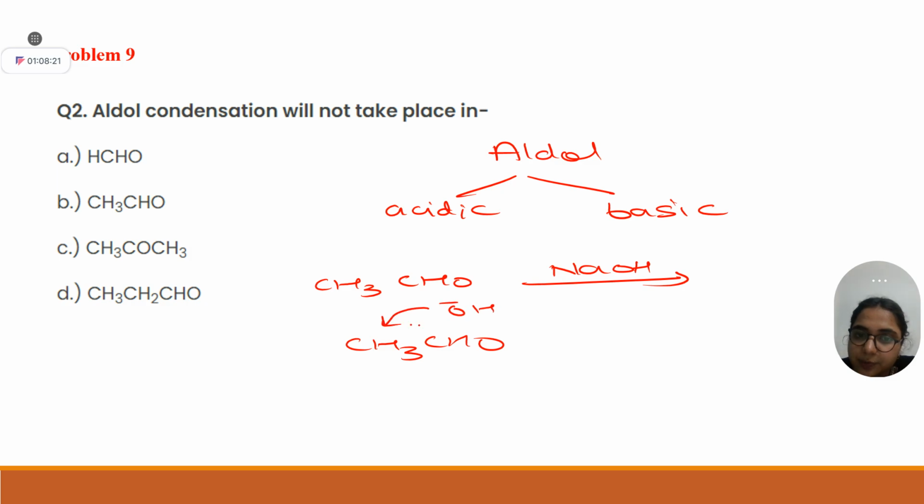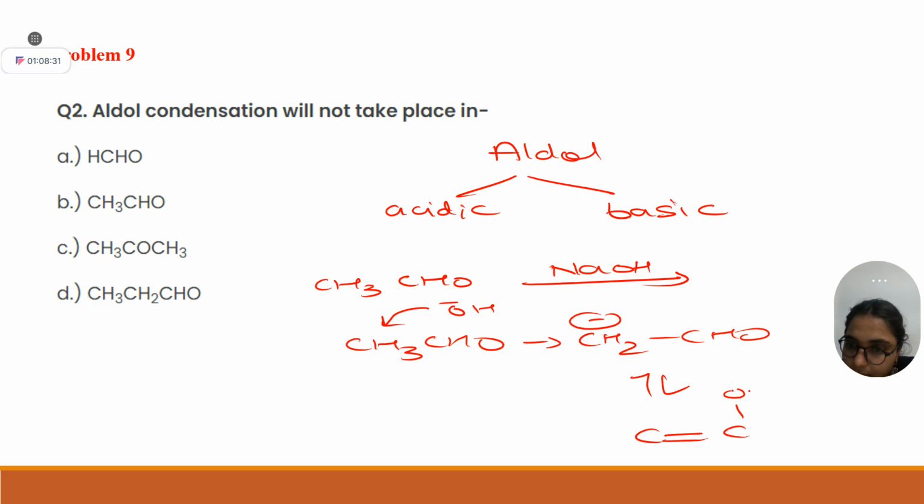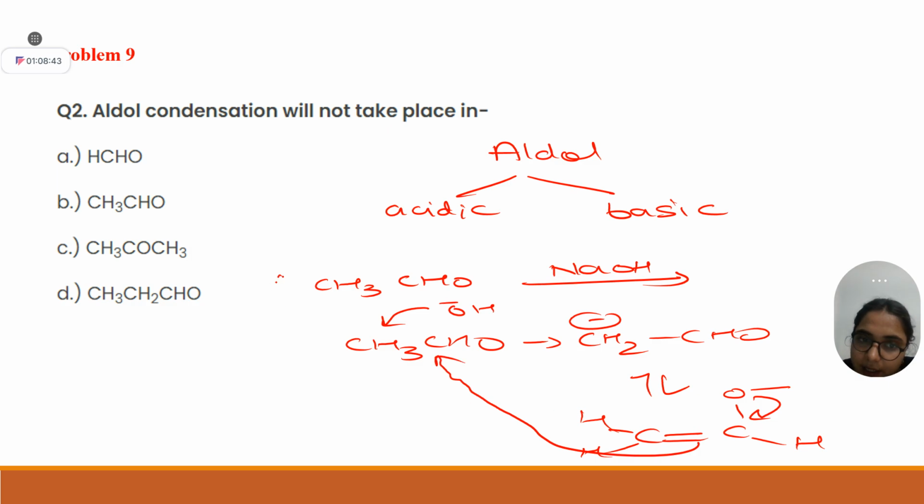It will abstract this proton and you will get CH2 carbanion CHO, and you can write it like this also, right? Now this enolate is going to attack the carbonyl of the aldehyde. This is one mechanism in basic condition.